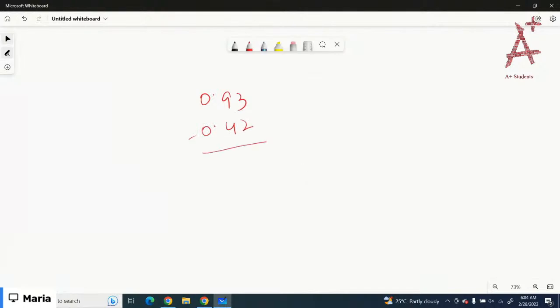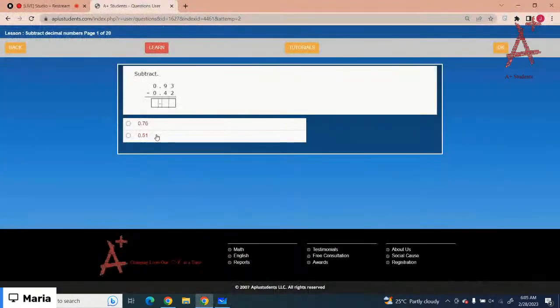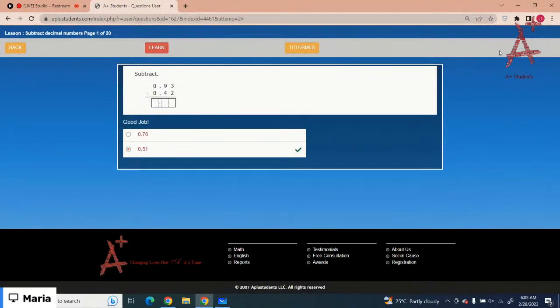So 3 take away 2 is 1. 9 take away 4 is 5. So it is 0.51. Got it? So the correct option is 0.51, the second one. Just select the correct option and click on the OK button.